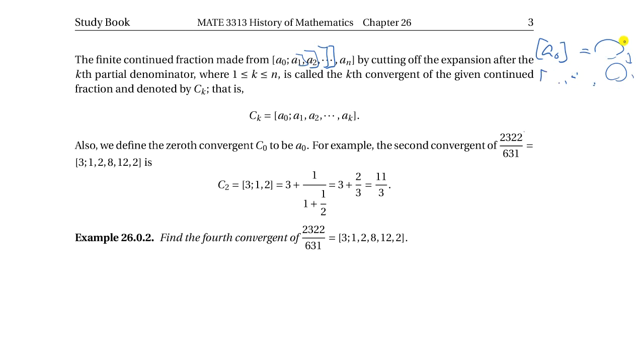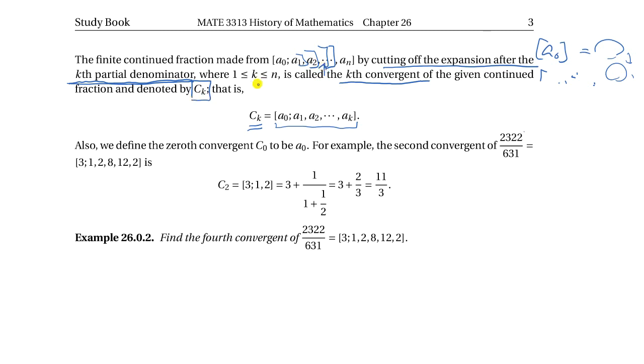So first of all, we get to the kth partial, cutting off up to the kth partial denominator, a sub k style. We call that the kth convergent of the given continued fraction, and it's called C sub k. So I already mentioned that capital C sub k starts from a0 and finishes at ak at a certain moment.